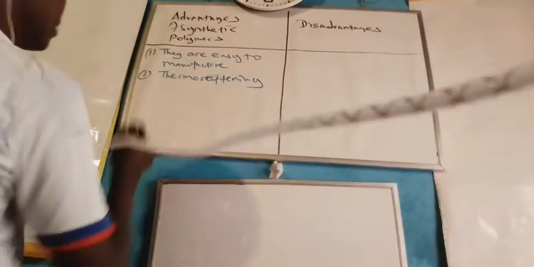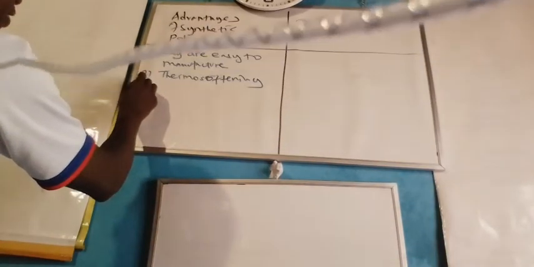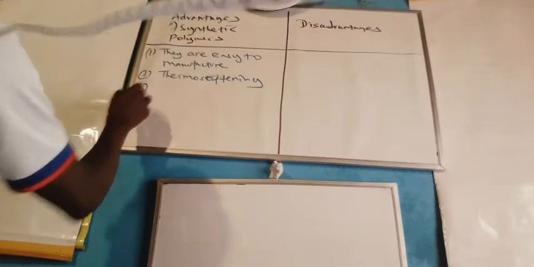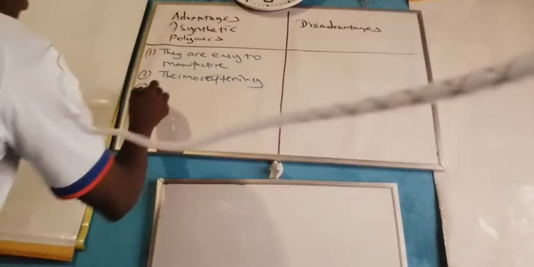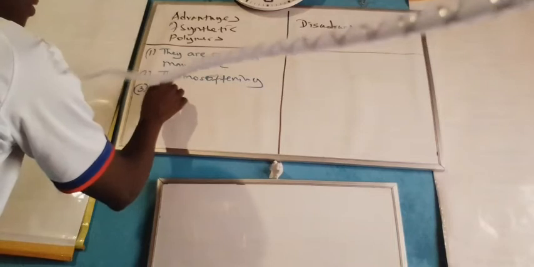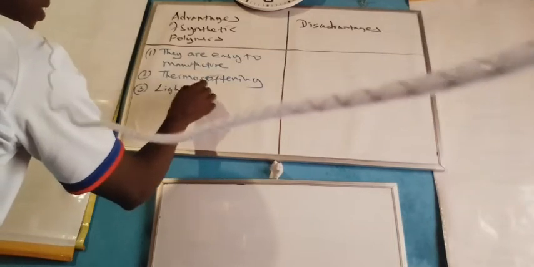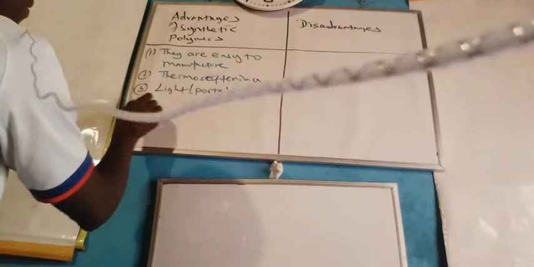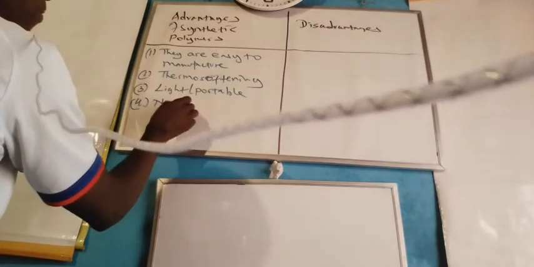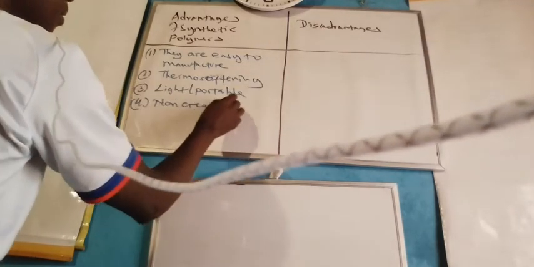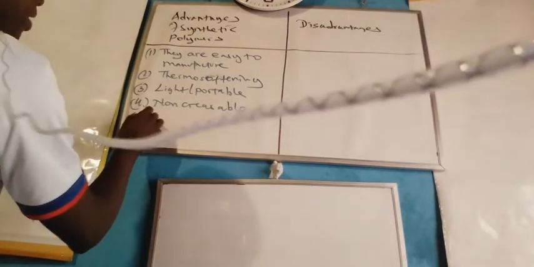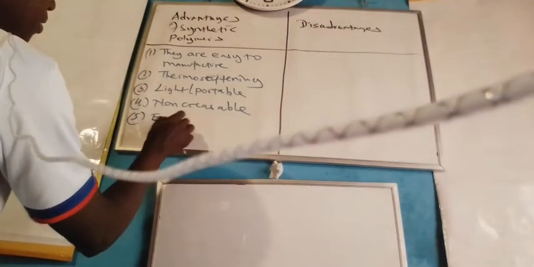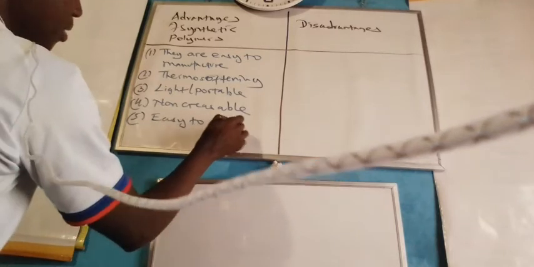So they are easy to manufacture because they are thermosoftening. Number three, they are light and portable. Number four, they are non-creasable. Number 5, they are easy to wash and clean.